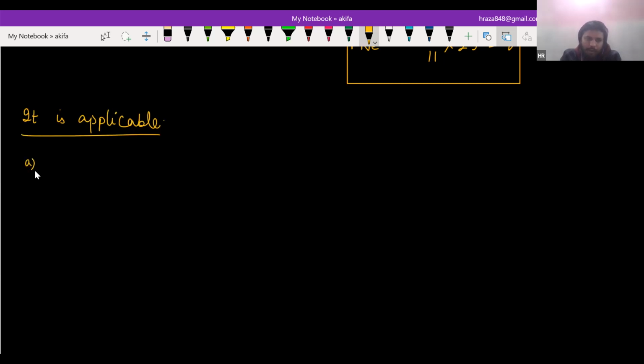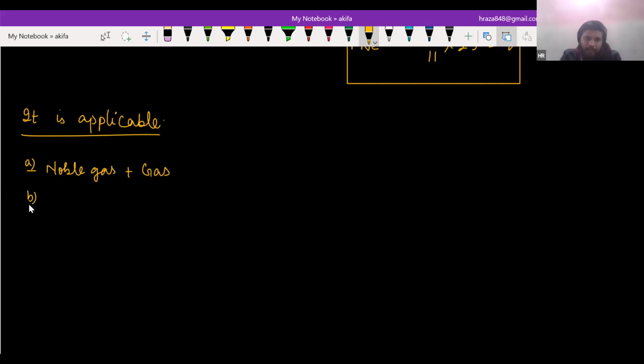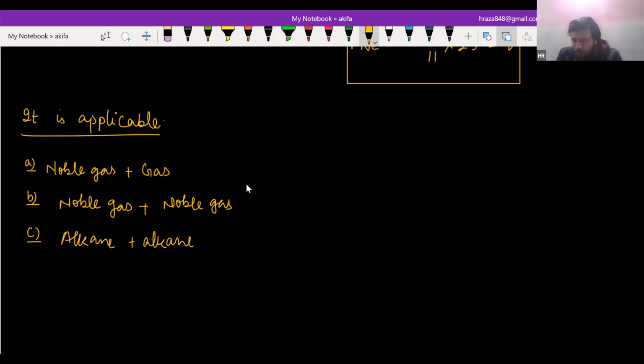Do you know what noble gases are? Whenever there is a noble gas plus another gas, they won't react with each other. Noble gas plus noble gas. See, alkane plus alkane. These do not react with each other.